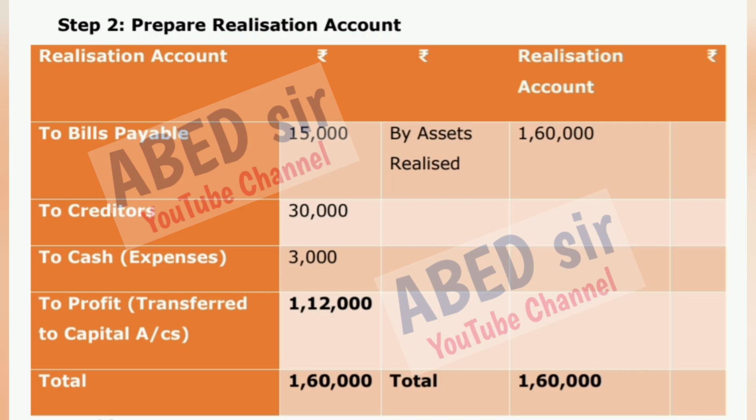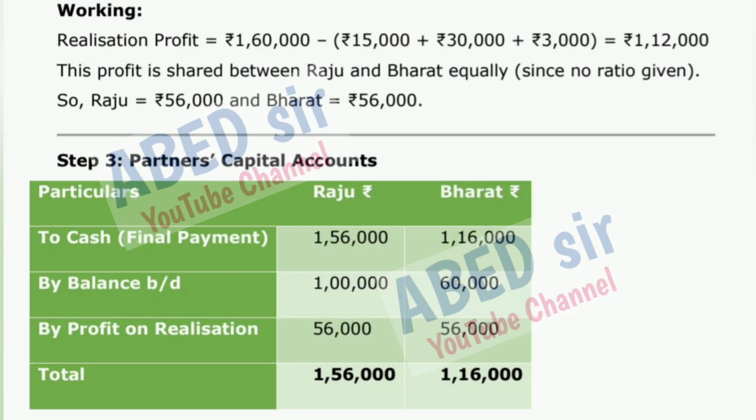Realization account. To bills payable 15,000, by assets realized 1,60,000. To creditors 30,000. To cash expenses 3,000. To profit transferred to capital accounts 1,12,000. Total 1,60,000. Working.